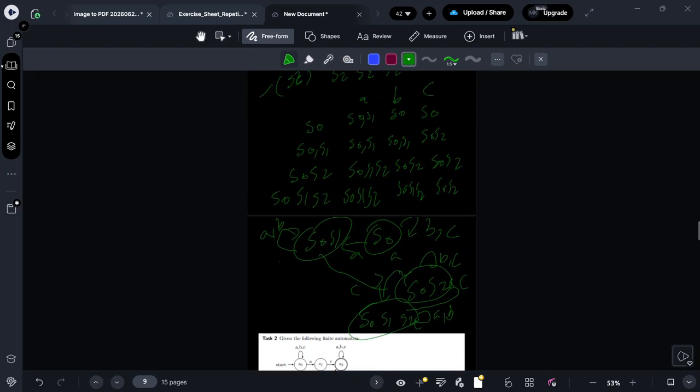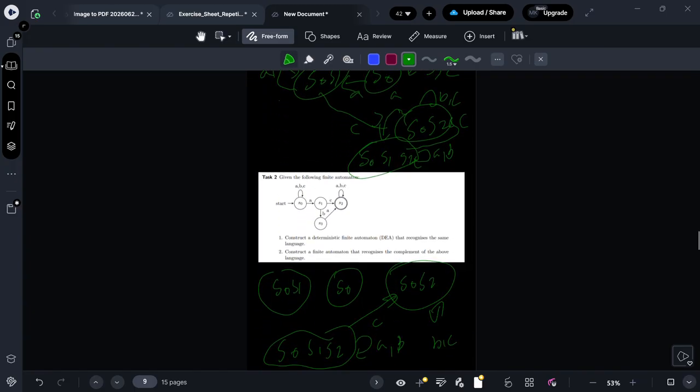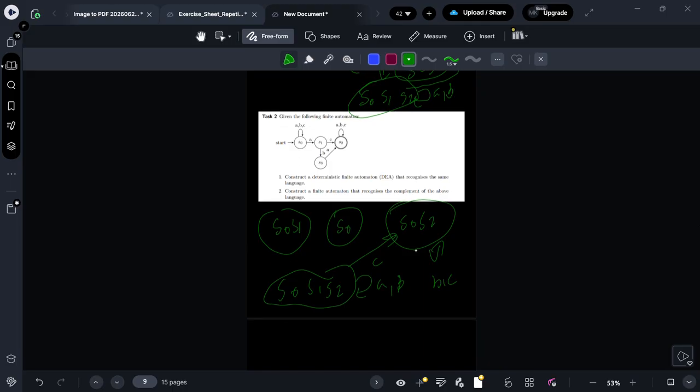How about when it reads A, S0, S2, S0, S1, S2, S1, S2? Yeah, it reads A, then it goes here.